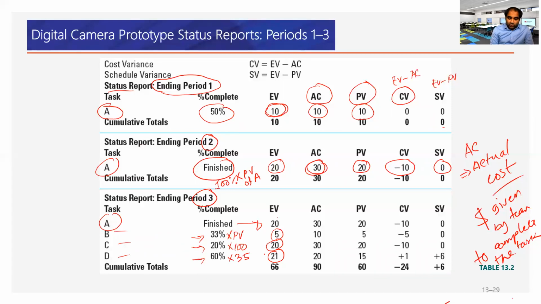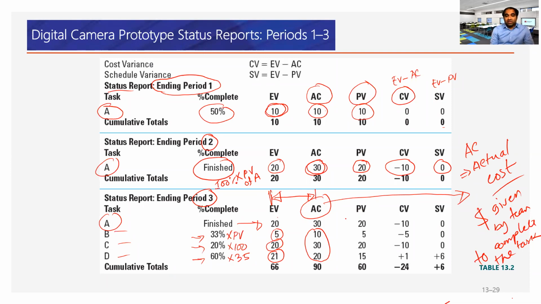Actual cost is the dollar value given by the team to complete that work. To complete 33% of task B, we got invoices of 10K, 30K, and 20K respectively for each of those activities. Once we have these two, a significant part of the status reporting is done.